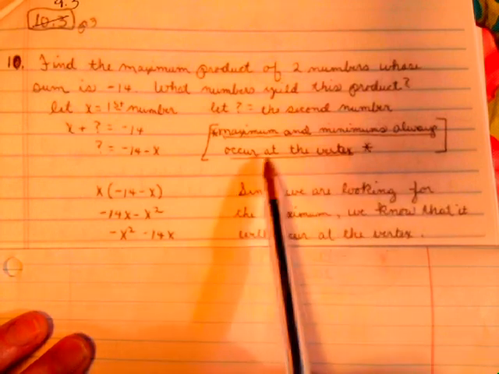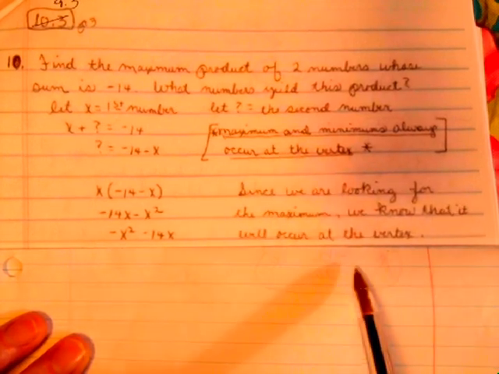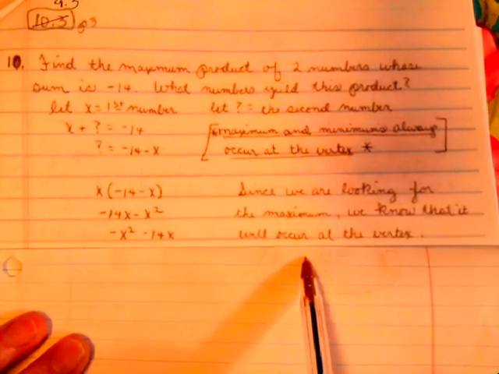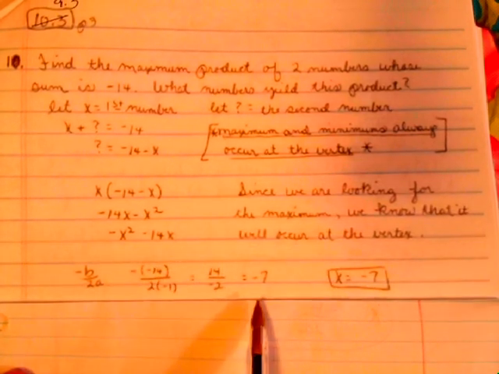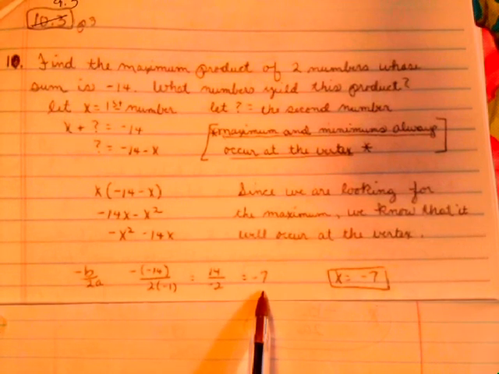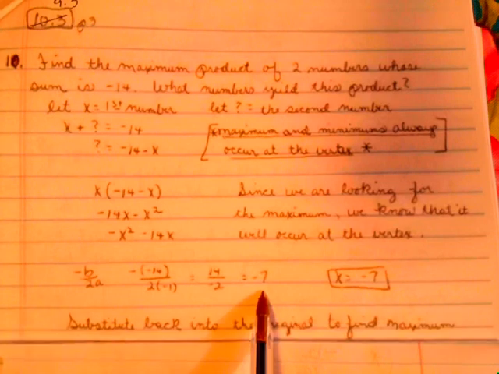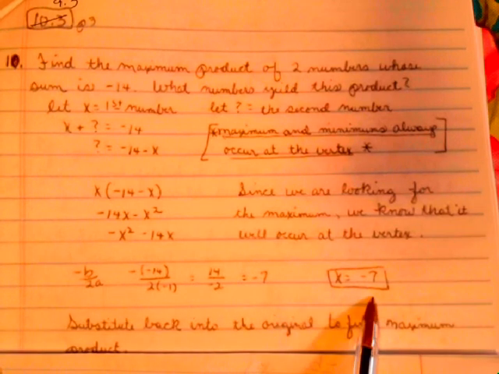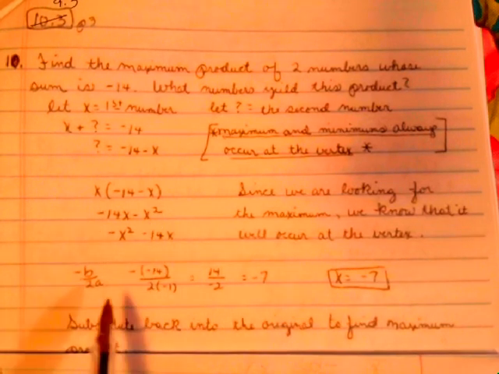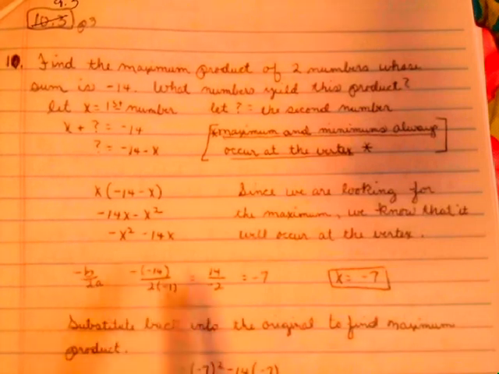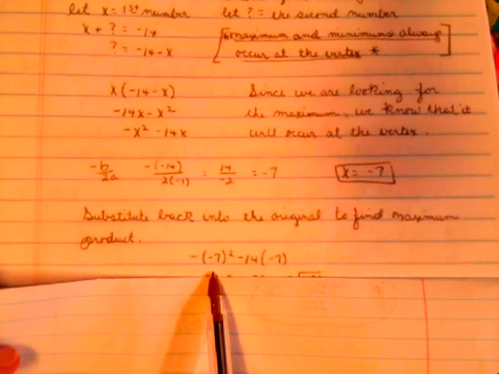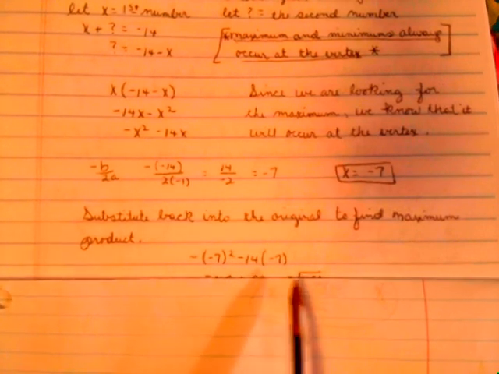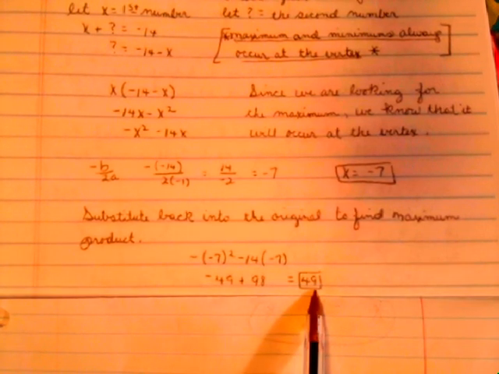Maximums and minimums always occur at the vertex. Since we're looking for the maximum, we know it will occur at the vertex. So all we have to do now is find the vertex. Negative b over 2a tells me that the x part is negative 7. Substitute negative 7 back into the original equation. The opposite of negative 7 squared minus 14 times negative 7 gives me 49.